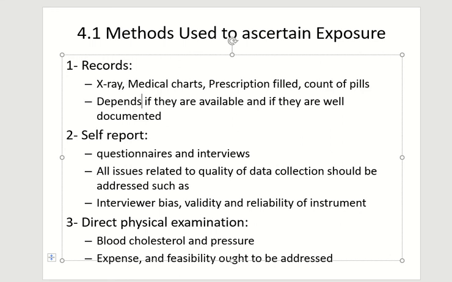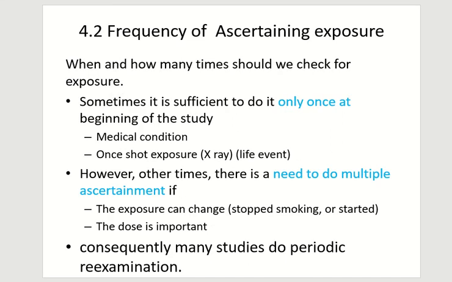Another thing that you have to think about when you're ascertaining the outcome is the frequency. How often are we supposed to ascertain the outcome? Sometimes one time is enough. For example, if I want to do a cohort on PTSD, post-traumatic stress disorder, after the explosion that happened in Beirut.